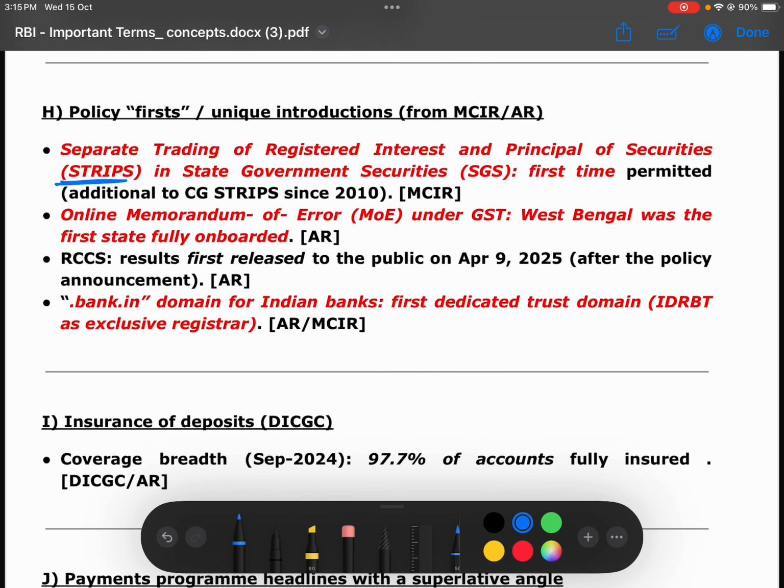Each coupon becomes a separate security called a coupon strip, and the principal becomes a separate security called a principal strip. They can be traded independently and mature on their respective cash flow dates. This was already in place for central government strips. Now just remember that it is also available for state government securities.